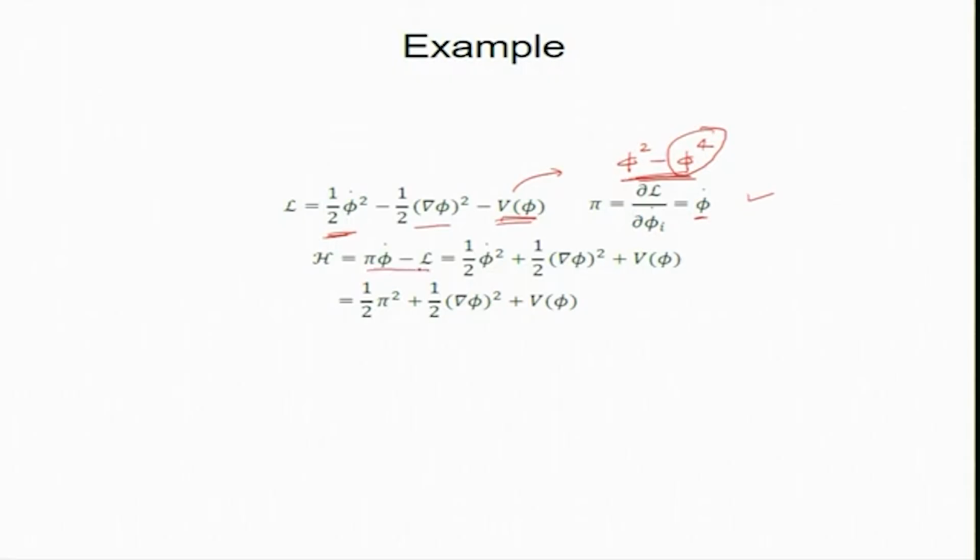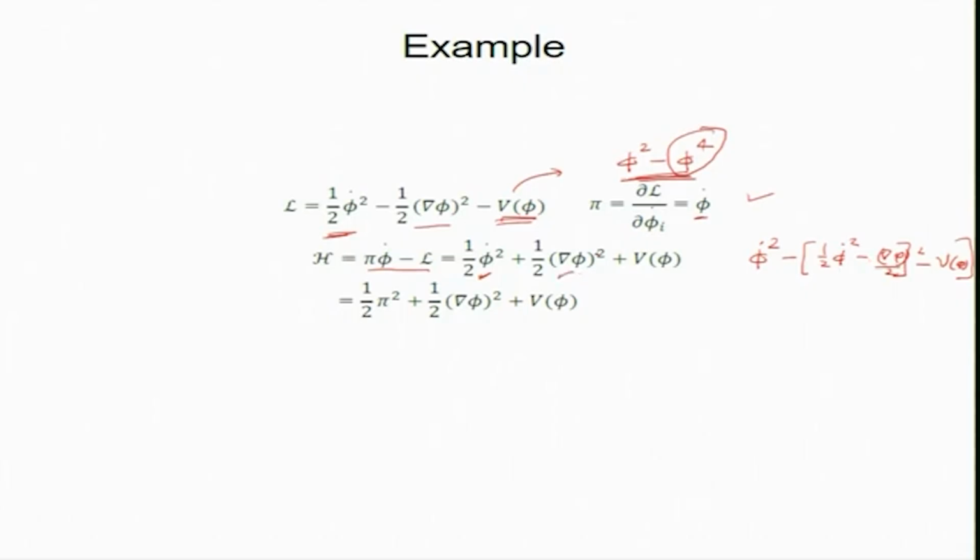There is only one field, so I do not need to do a sum. So pi phi dot will be, pi is phi dot, another phi dot squared, minus this Lagrangian. The Lagrangian has half phi dot squared, minus half grad phi squared, minus V of phi. So phi dot squared minus half phi dot squared is this object, and this minus becomes plus the potential energy.